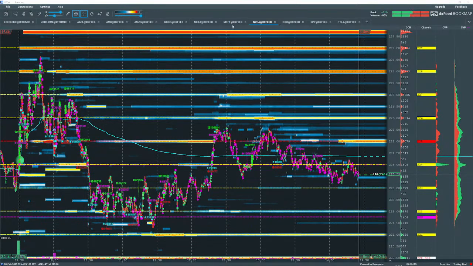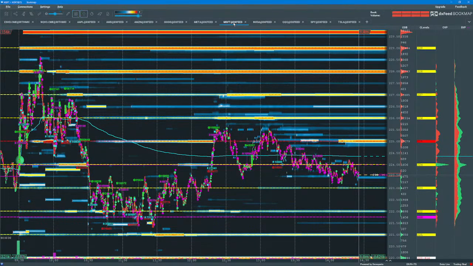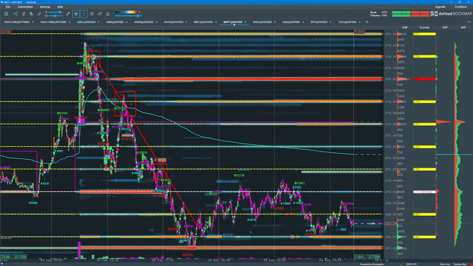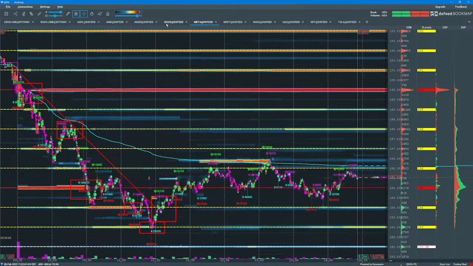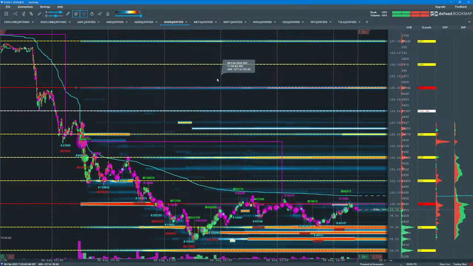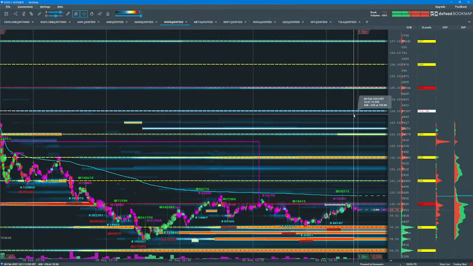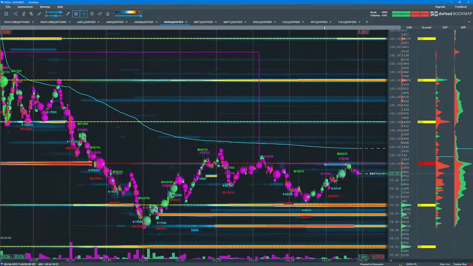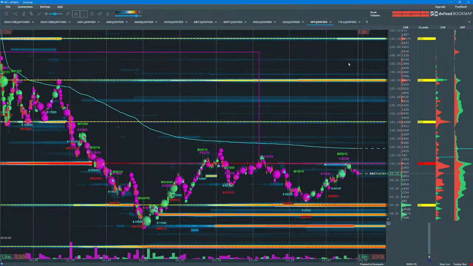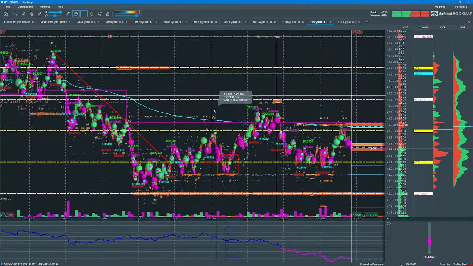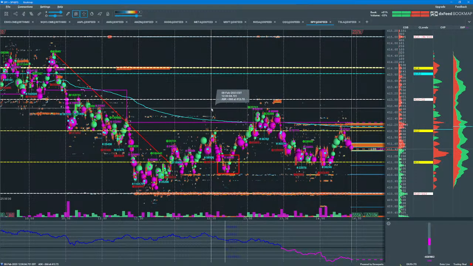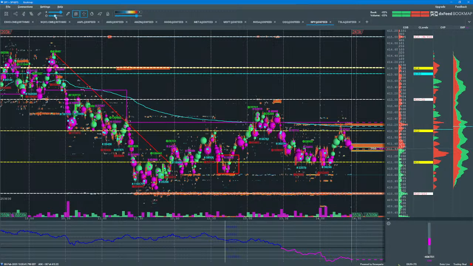If you can get a hold of a trend like this, Microsoft, Meta, Google, or even SPY after it broke down, then I like to trade those setups a lot better.